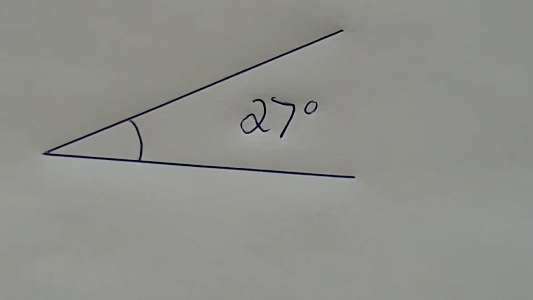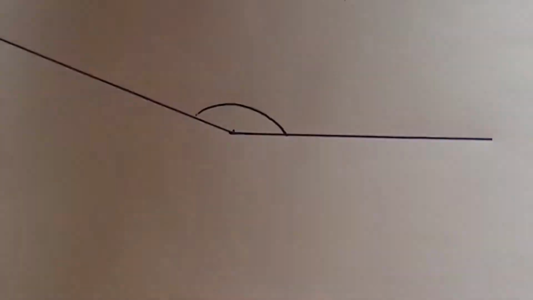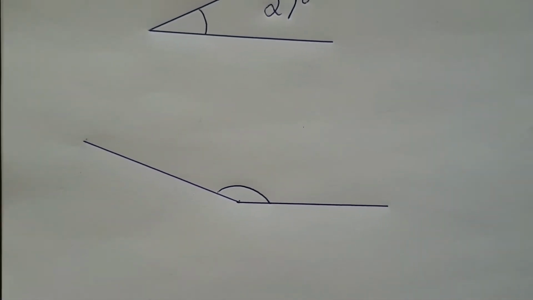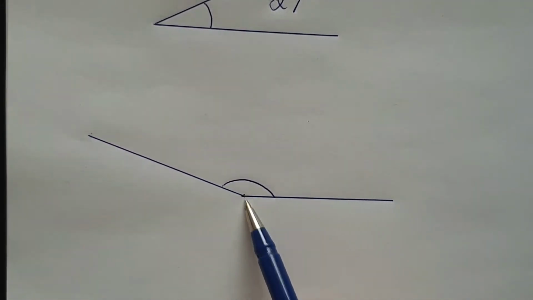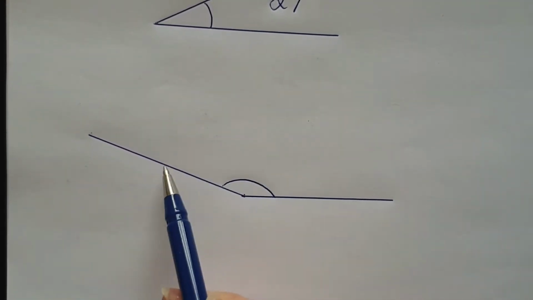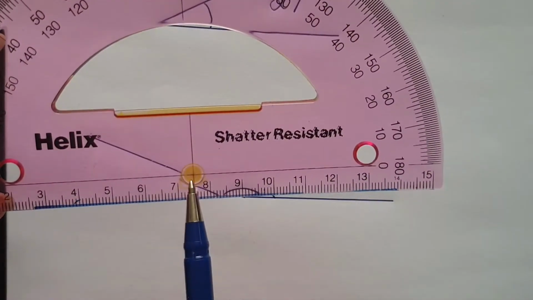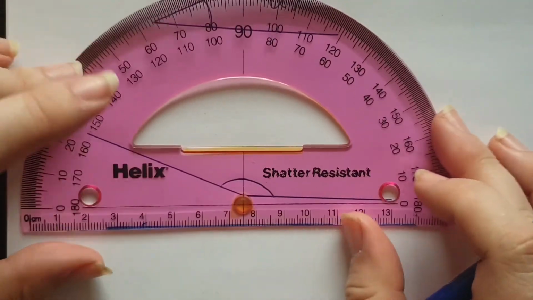Next example. Zoom out a little bit. Again, pivot point of the angle, the point where one line turns to the other, and the pivot point of the protractor.